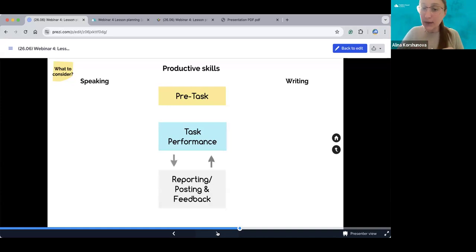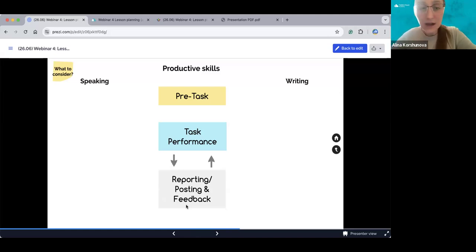Ideally, if we have time, after the feedback we ask students to complete the same task again, considering the feedback we gave them. If we have discussed what might be done better in their speaking or writing, they can now consider it, repeat the same task, and do it better.